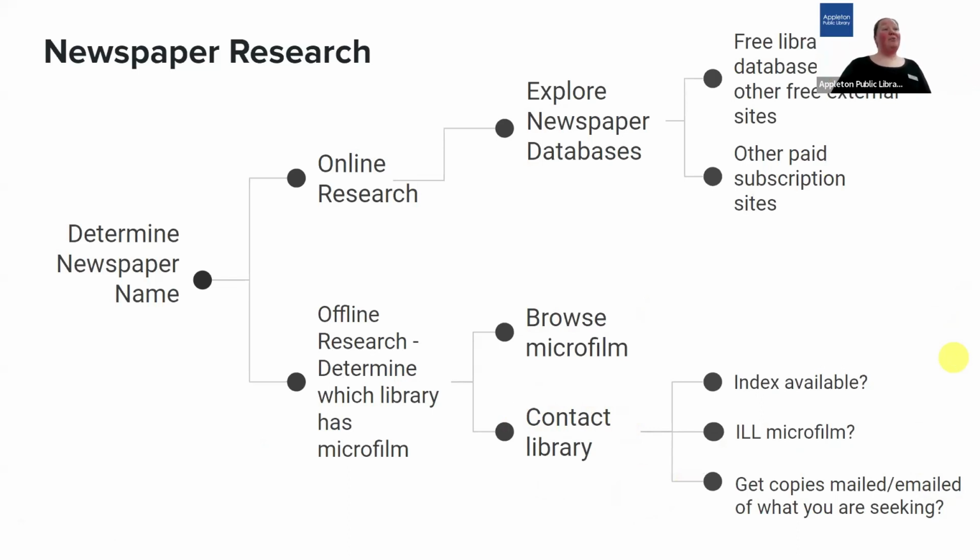Or could I interlibrary loan that microfilm and get it sent here to Appleton so I don't have to travel to New Jersey where the newspaper is? Or can I get copies mailed or emailed of the certain things I'm looking for? So that's the workflow of what we're going to talk through today and how to figure out if we're able to find those newspapers for our ancestors.